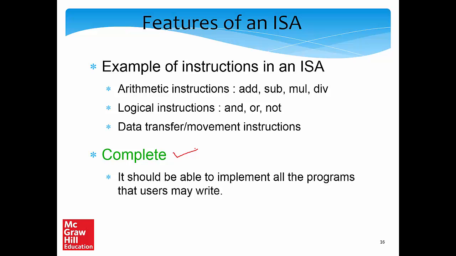One user might want to write a program to take a photograph of the blackboard and recognize all the characters. Irrespective of whatever the program is, the ISA should be able to realize all the programs that users may want to write. We'll discuss this later, but this is the notion of completeness: whatever I want to write, it should be possible on a given processor.